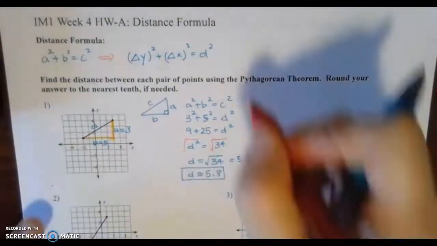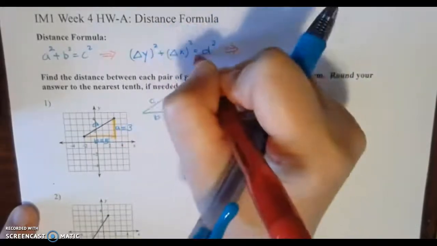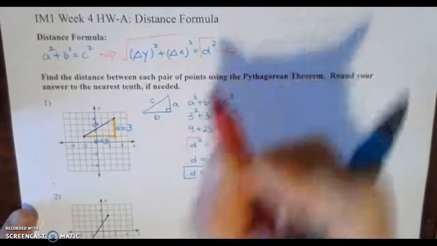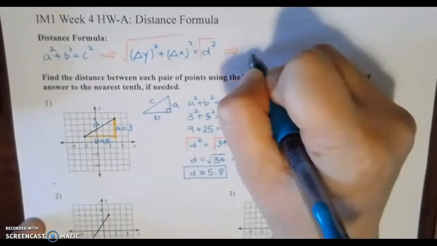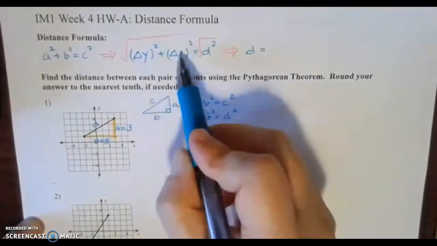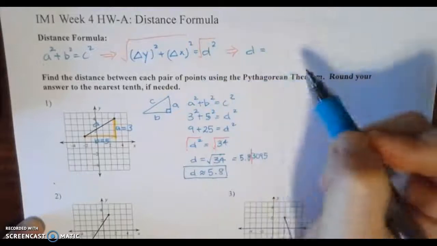Now from here, we can take a square root of both sides to find what d is equal to. This equation becomes d is equal to, what is change in y? Actually, I am going to start with change in x first. Well, it doesn't really matter.